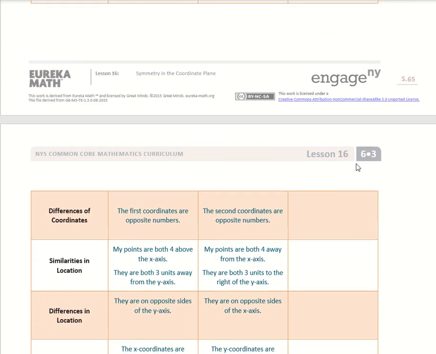But instead of the first coordinates being opposite numbers, or the second numbers being opposite numbers, both coordinates are opposite numbers.